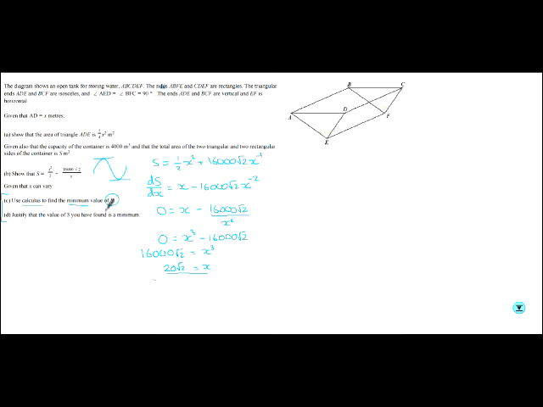We've now just got to find the minimum value of s using this formula. So s is equal to x squared, so it's going to be 20 root 2 all squared over 2 plus this 16,000 root 2's over our x value, which is 20 root 2's. Okay, so let's deal with this bit on the right first. So we can cancel those out.